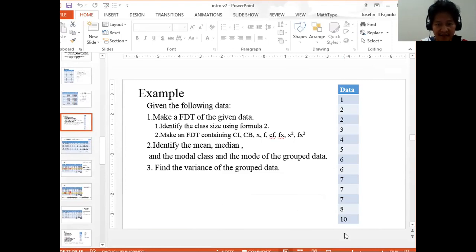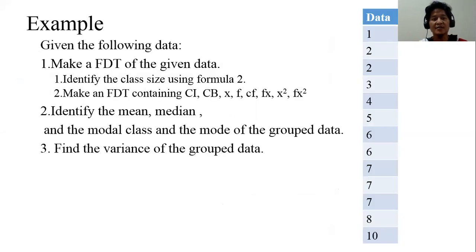Okay, let's have this. So given the following data, then we just identify, make a frequency distribution table. Review rin natin paano yung frequency distribution table para makuha natin yung central tendency of the grouped data, and then later on sa variance for the grouped data.